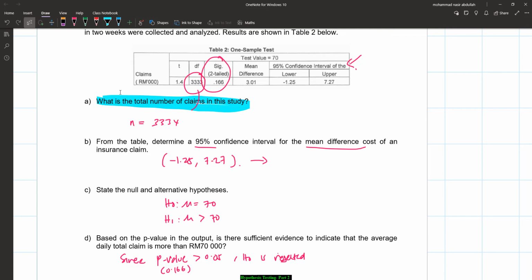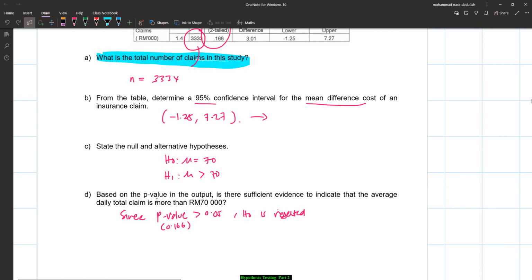So since null hypothesis is accepted, the average daily total claim is equal to 70,000, bukan more than 70,000 lah. Sorry. Sebab kita accept null hypothesis. Sorry I ada tersilap dekat sini ya.